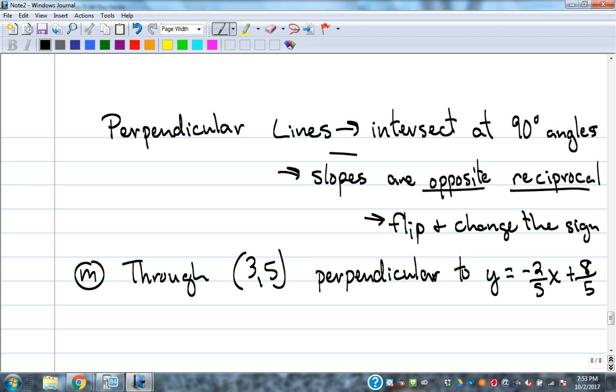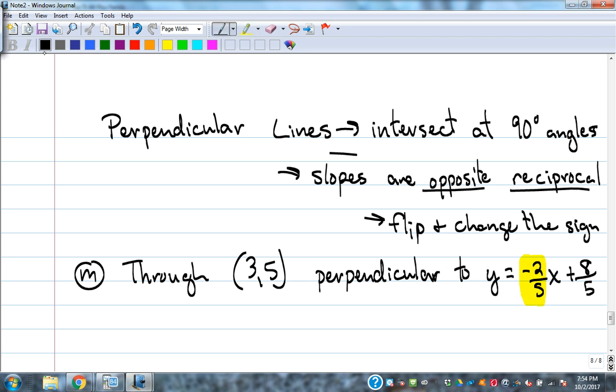So the slope that we're going to be building from is what? 8/5 or negative 2/5? Negative 2/5. That part is the only part I'm concerned about in that equation. Since it's perpendicular, what am I going to do with that slope? 5/2, change it to, and make it positive. Flip it over and change the sign to make it perpendicular.